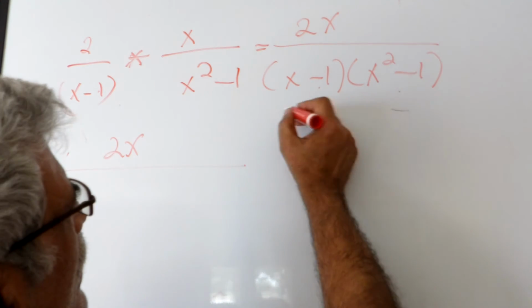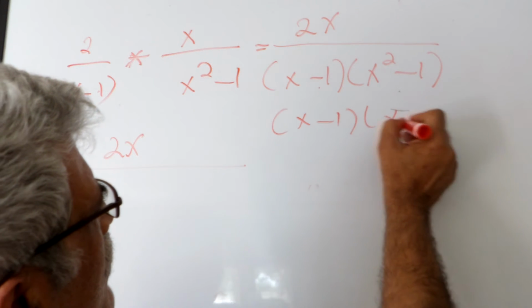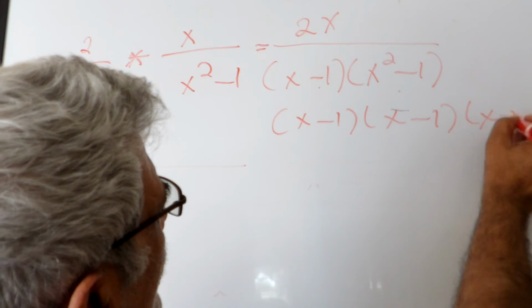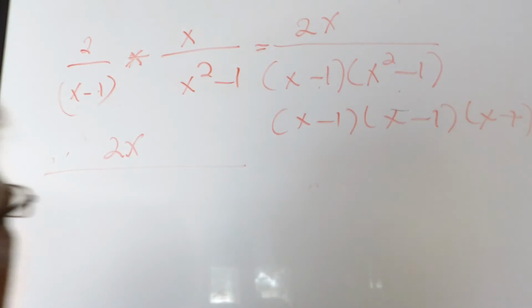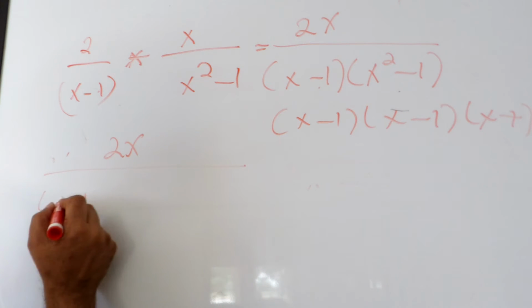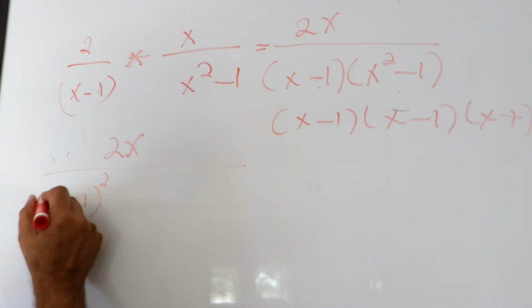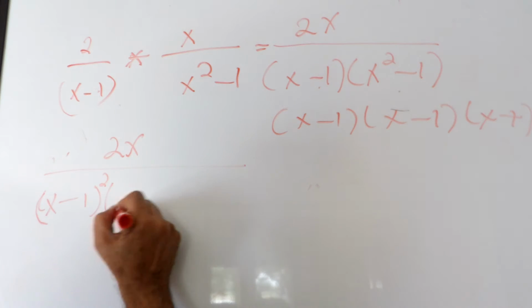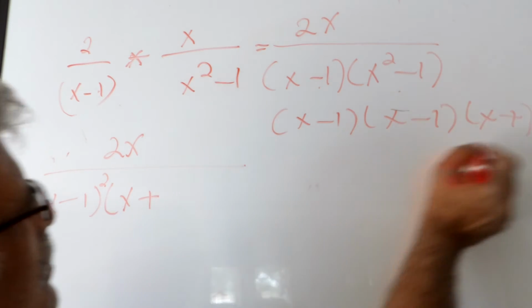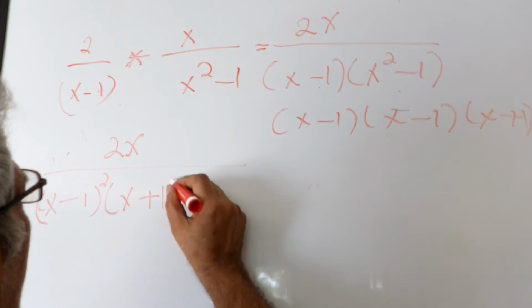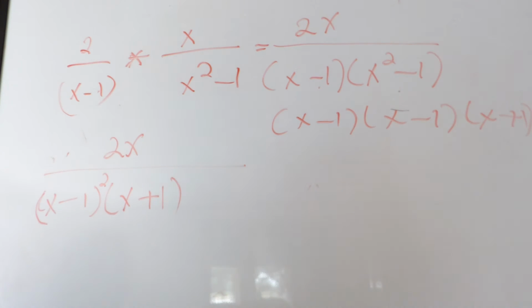This is actually x minus 1 times x minus 1 times x plus 1. You can write it as x minus 1 to the power of 2, there are 2 of them, times x plus 1. So that's the multiplication.